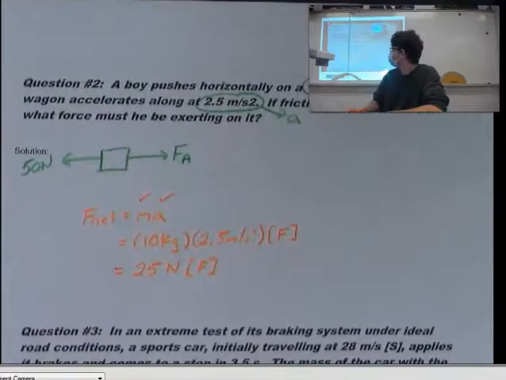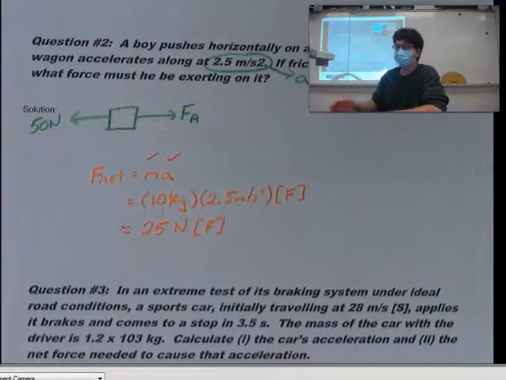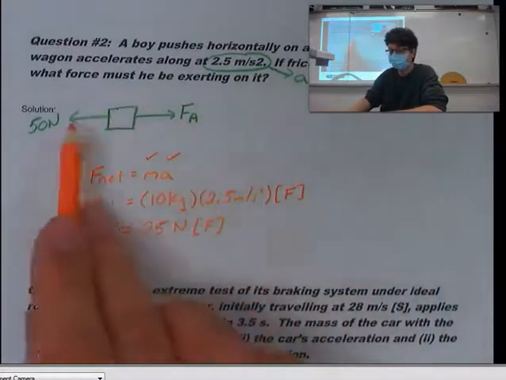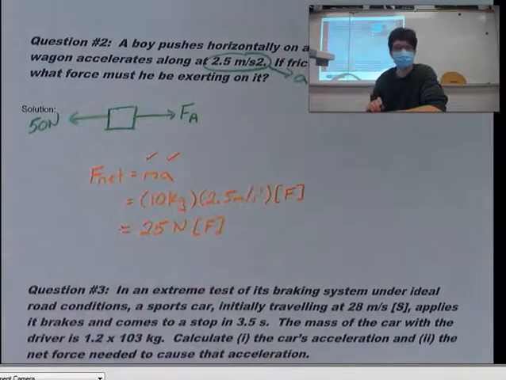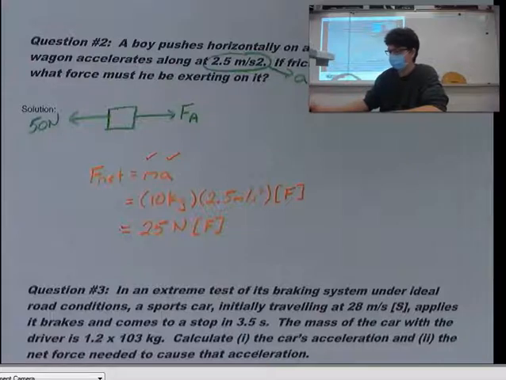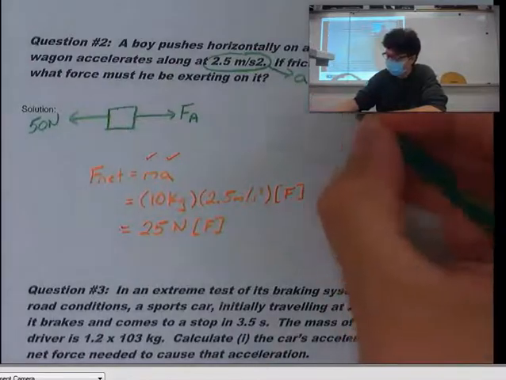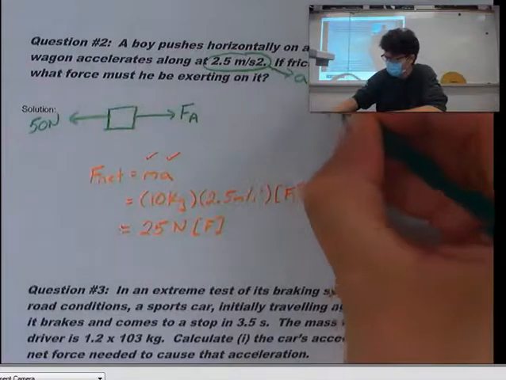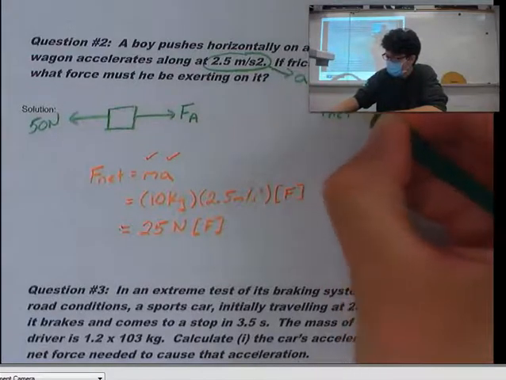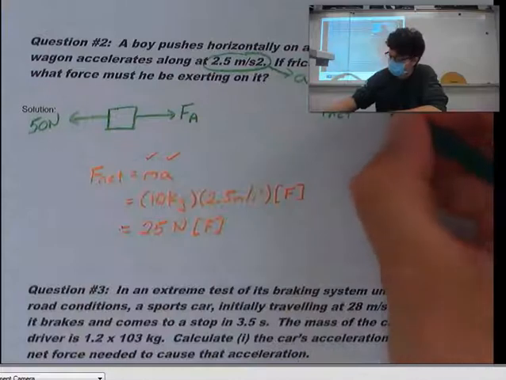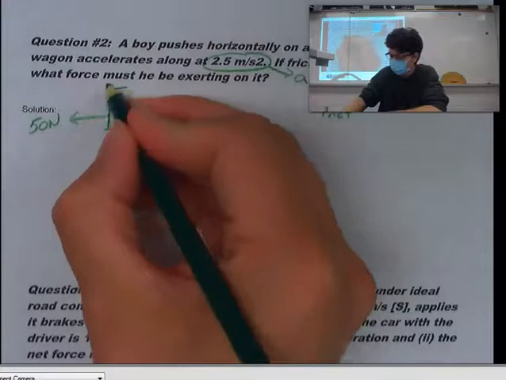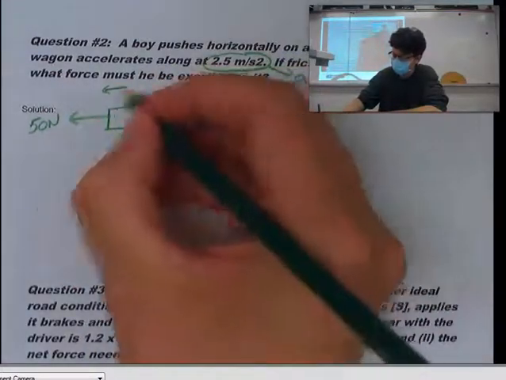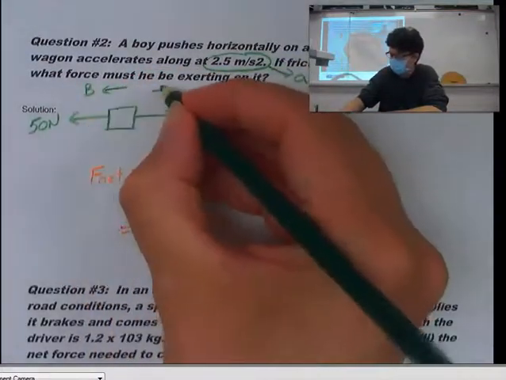And what's net force again? Net force means that if we add these two forces together, we get 25 newtons forward. So let's do that. So our net force is going to be 50 newtons. Let's just call this backwards, and this will be forwards.